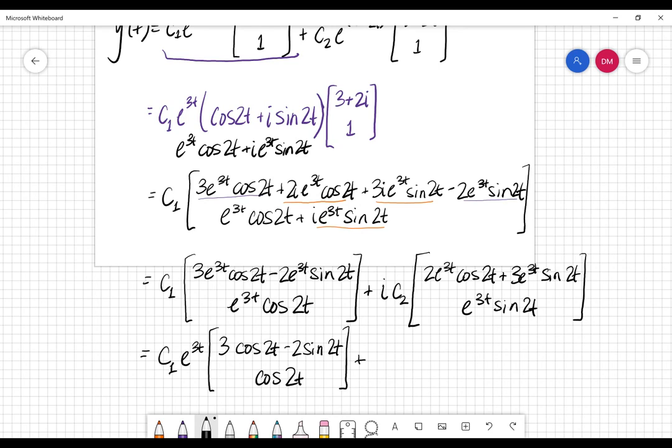And then we can say that this is just going to be our C sub 2. I know I pulled the i out there, but it is wrapped up in the C sub 2. So 2 cosine 2t plus 3 sine 2t. And then sine of 2t here.